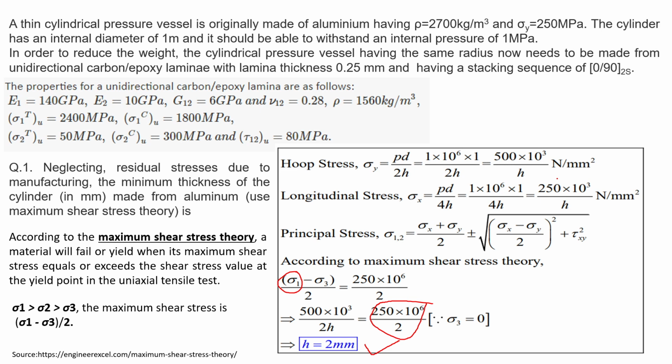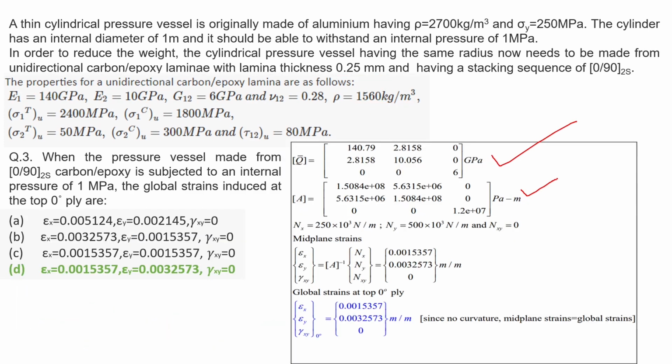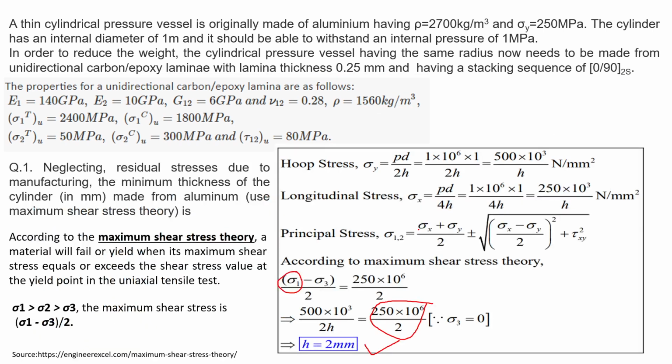So hoop stress multiplied by thickness gives the load in y direction, that will be 500 into 10 to the power 3. Longitudinal stress is sigma x. When we convert it into the load in x direction, Nx, we multiply it with the thickness, so it will become 250 into 10 to the power 3 Newton per mm. So you have to convert it to Newton per meter. So from the equations of hoop stress and longitudinal stress, we got the values of Nx and Ny.